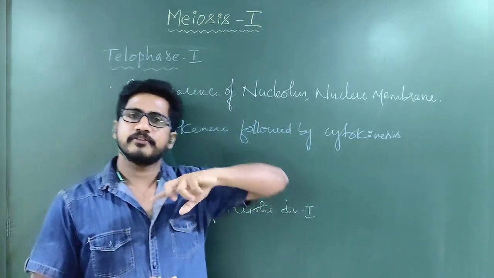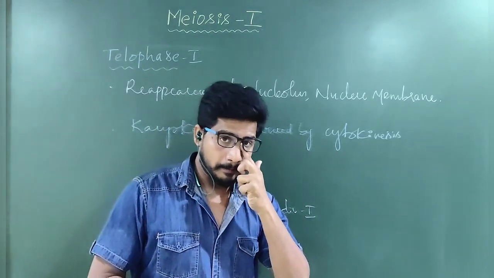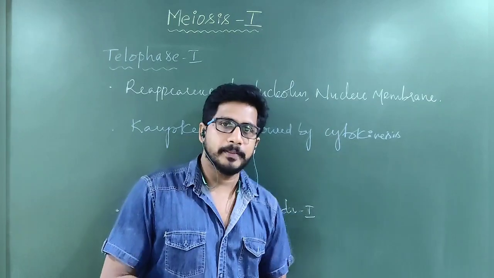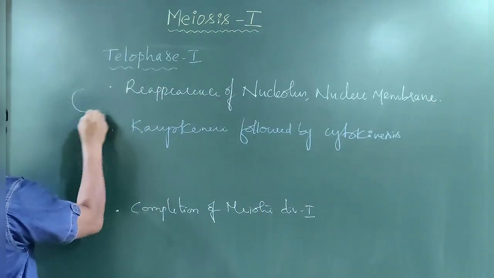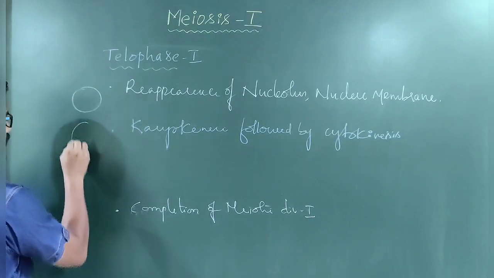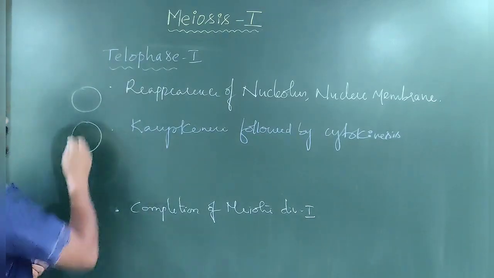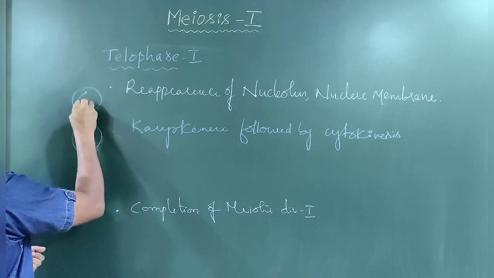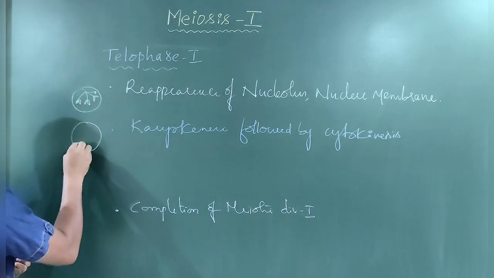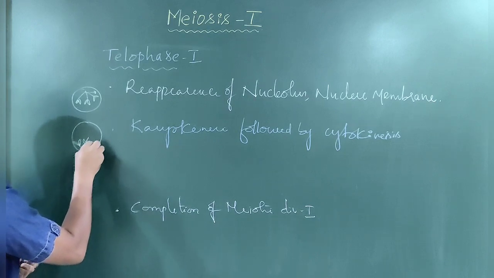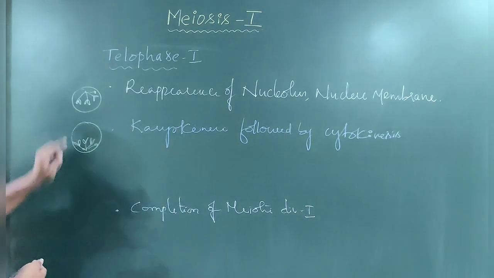Chromosomal segregation is followed by karyokinesis. Meaning here a set of nucleus, and here a set of nucleus is formed. Here the segregated chromosomes were there, and here the segregated chromosomes were there. So what is this?